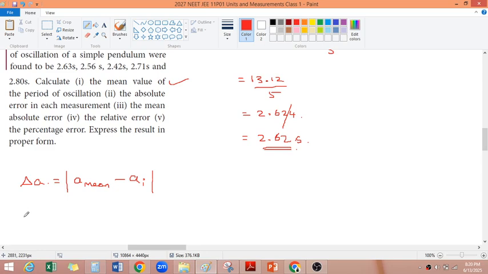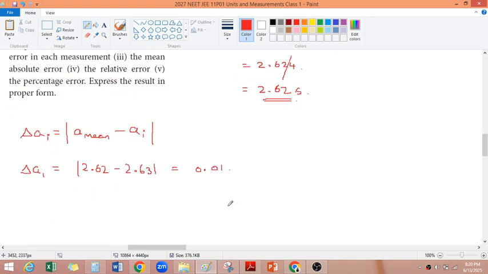So that means delta A1 is equal to 2.62 minus 2.63, which means this will be 0.01. Okay, again, as I said, the plus and minus does not matter.